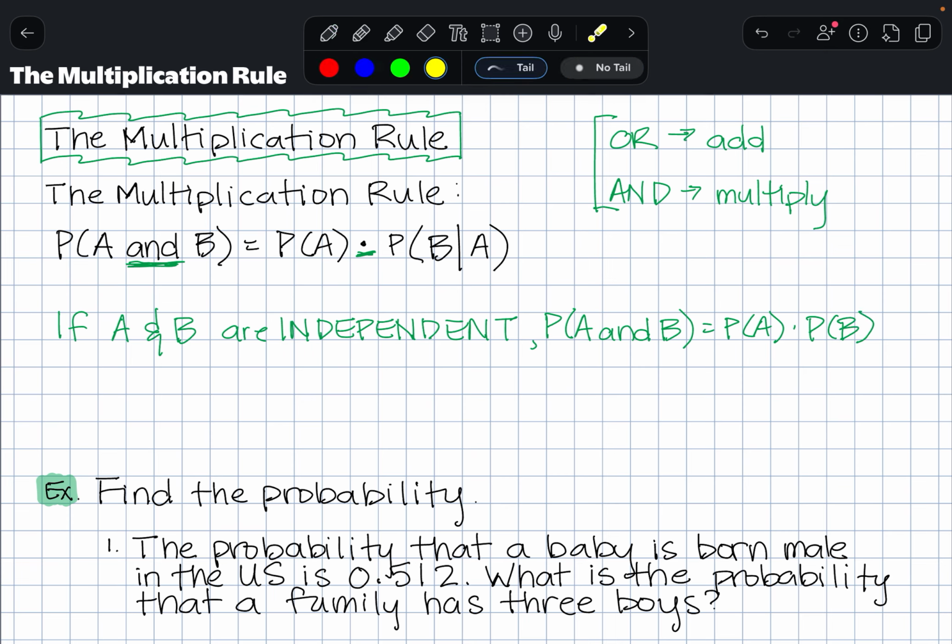You're going to see me use this consistently because that always looks the same. And I'm just going to remember that if A and B are independent, P(B given A) is just equal to P(B).